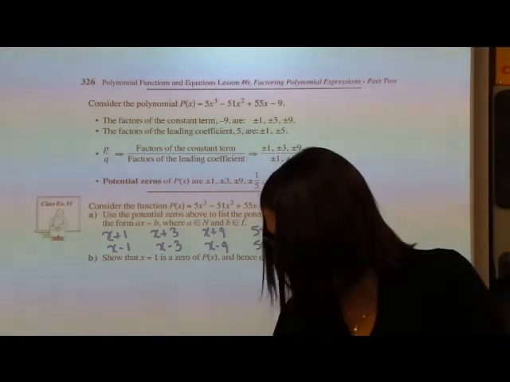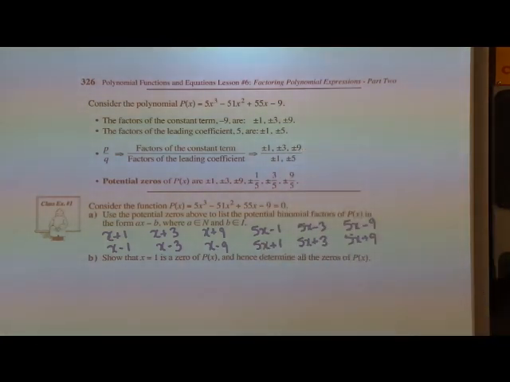So question B says show that x equals 1 is a 0 of p of x and then determine all of the zeros of p of x. So to show that x equals 1 is a 0, I can show that it's a factor. And so I can use synthetic division to show that my remainder would equal 0.